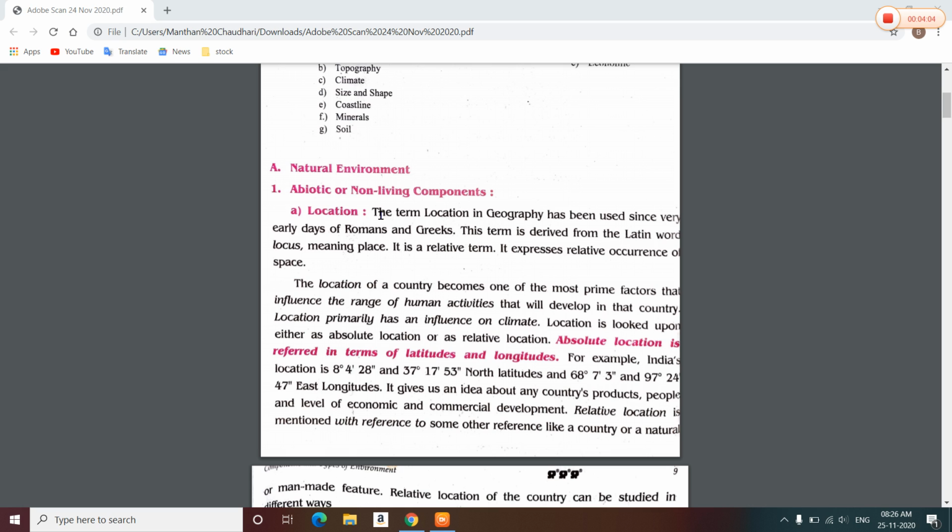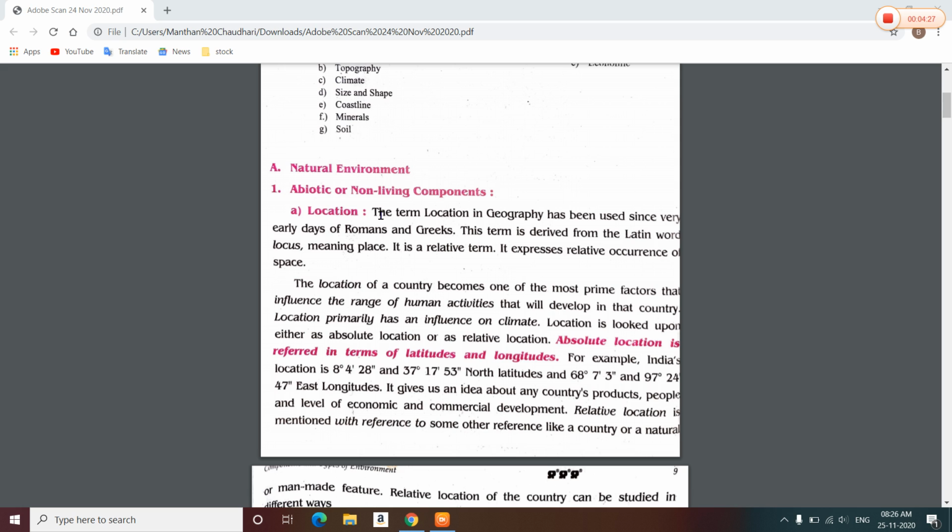Let us see first maritime location. Countries located near the sea have maritime location. There are different types of maritime location.